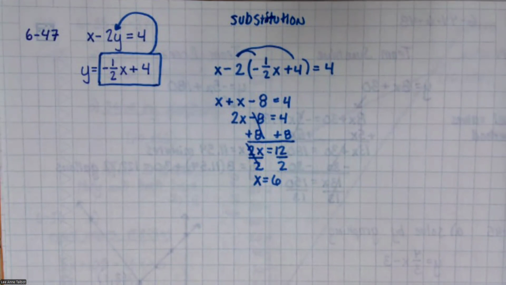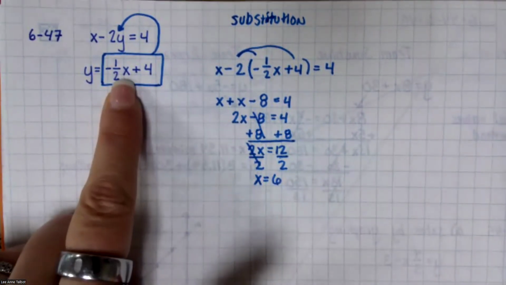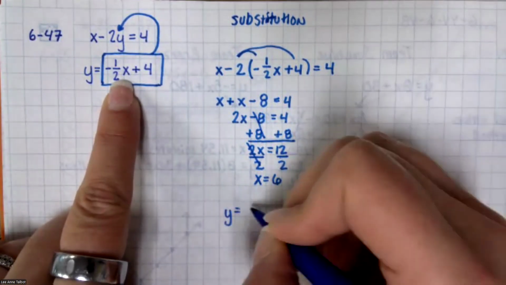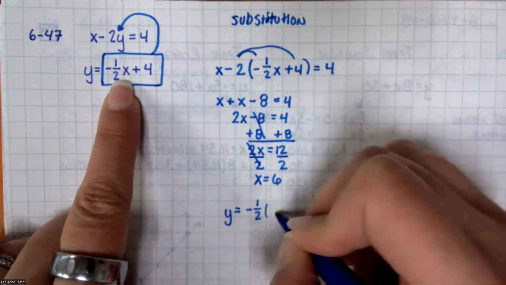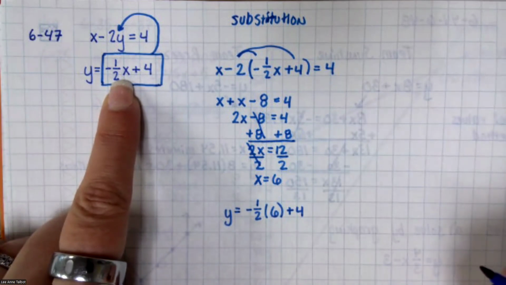Okay, now on substitution method problems, it's easiest to take your x and plug it back into the box part that you put the box around. So y equals negative 1/2 times 6 plus 4.